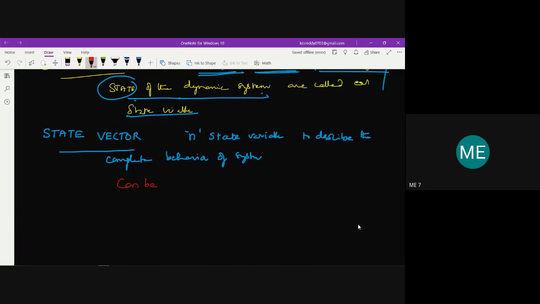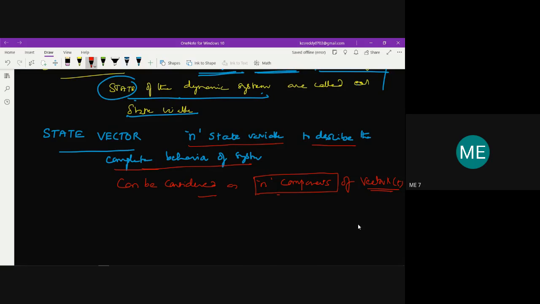can be considered as n components of vector x of t. So whatever the n state variables which we have used, that is x1, x2, x3, and so on, xn, to describe the complete behavior of the dynamic system, those are considered as n components of the vector x of t.